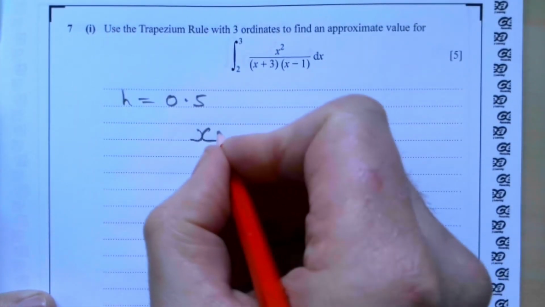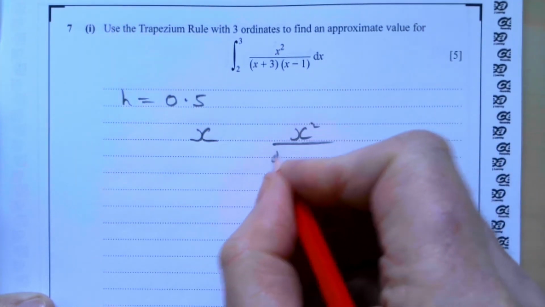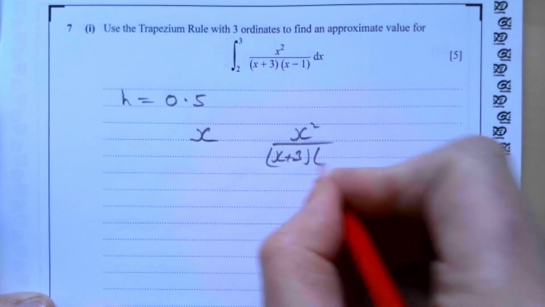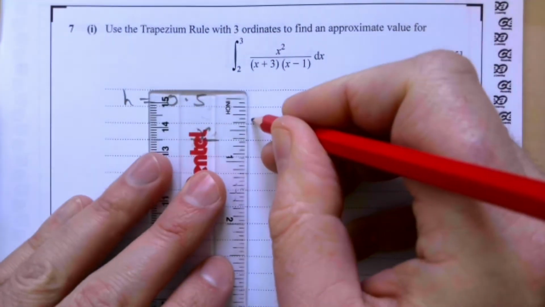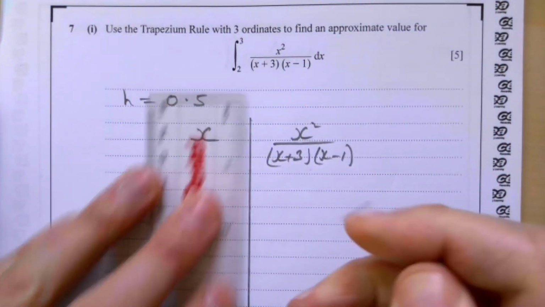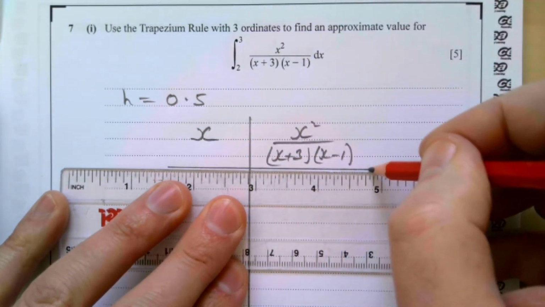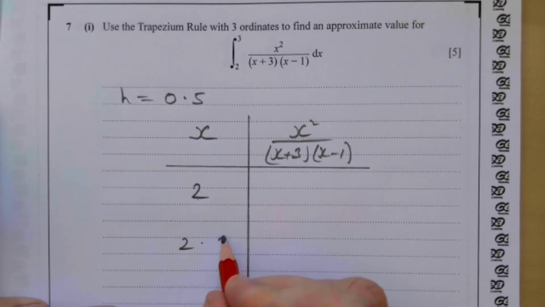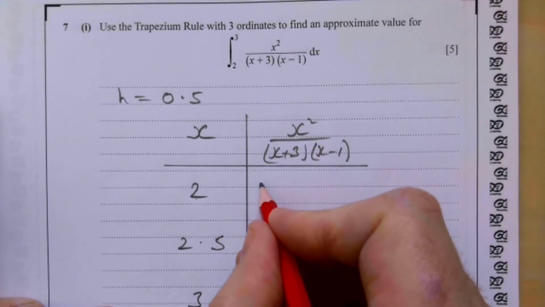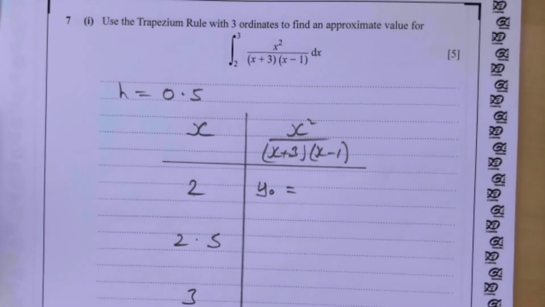So if we do out our table here, we have x here, and then x squared over x plus 3 upon x minus 1. And the numbers we're going to be putting in for x then are of course going to be 2, 2.5 and then 3.